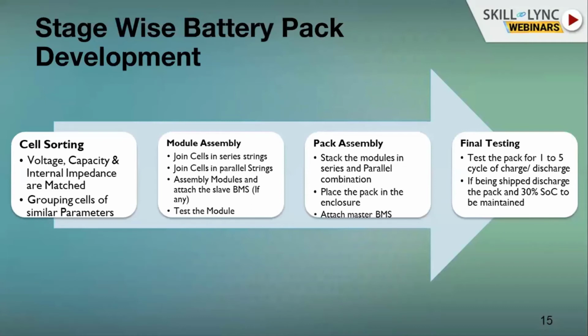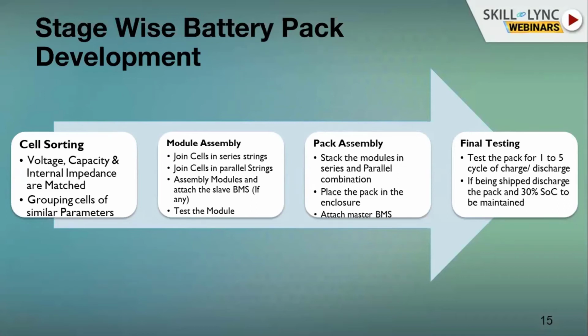When you make a pack, all the similar cells are made into a module, so that there is no stress on the BMS, and to balance the cells there's not much window or capacity loss. All the cells can be maintained at an equal level. So that's the importance of cell sorting. All the cells of similar tolerance values are in the same pack.